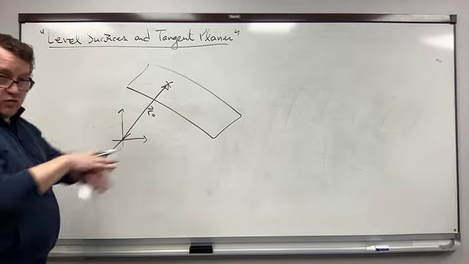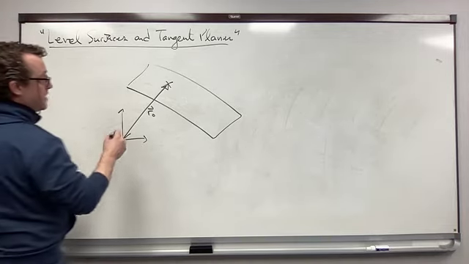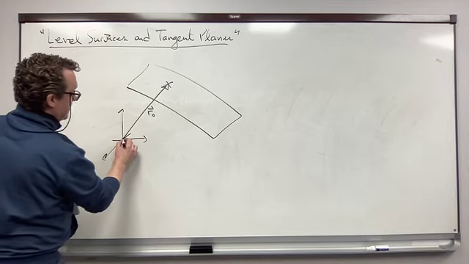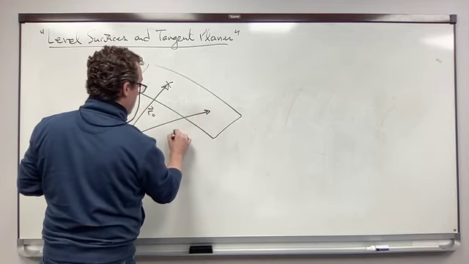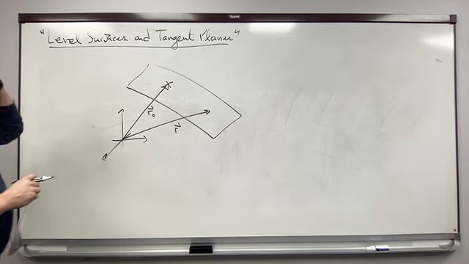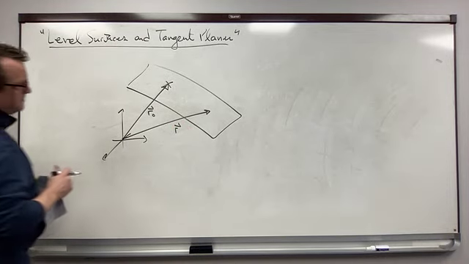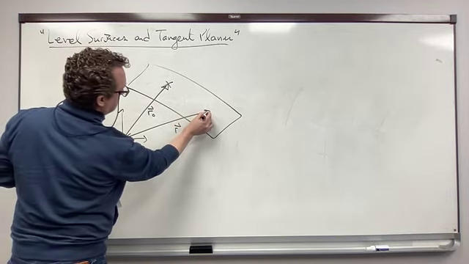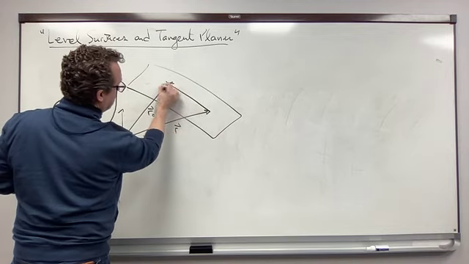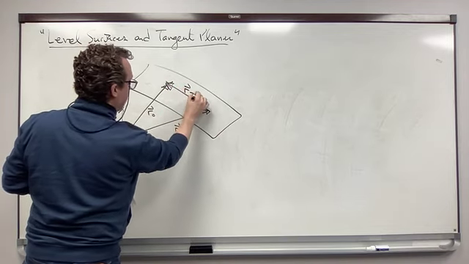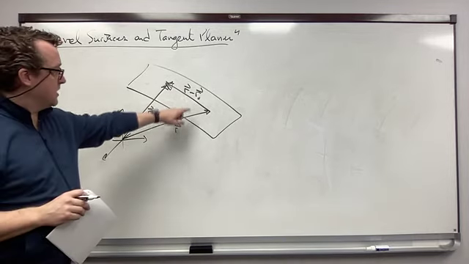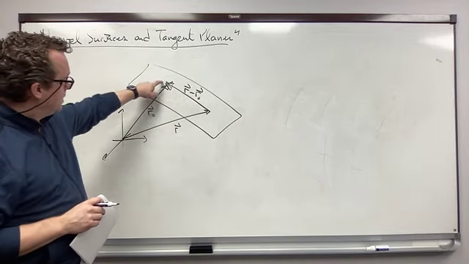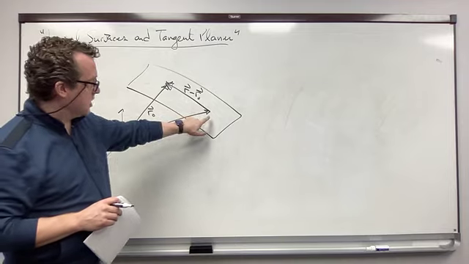Now I want to define the rest of that plane. Let's allow some other general point, R, to be on that plane. This vector from here to here is R minus R0. So R0 is a specific point on the plane, and R is a general point x, y, z on the plane.